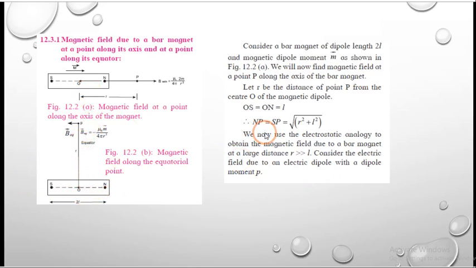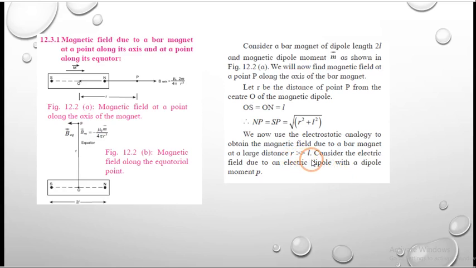We get root of R square plus L square for both NP and SP. Now for large distance, R is greater than L.